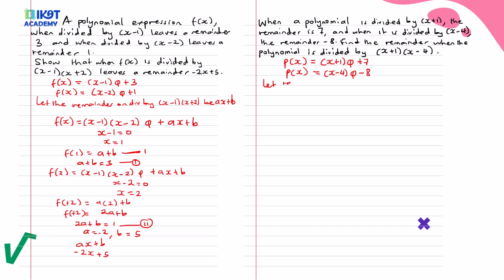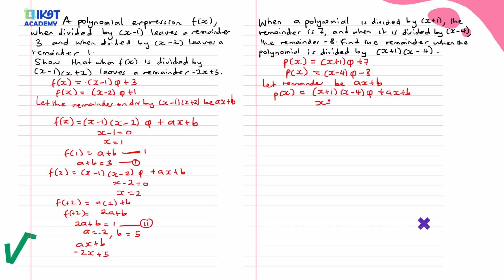So we are going to let the remainder on division by both be ax plus b, since the question asks us to find the remainder when the polynomial is divided by both of them. So this is going to be equal to x plus 1, x minus 4 into the quotient plus ax plus b.